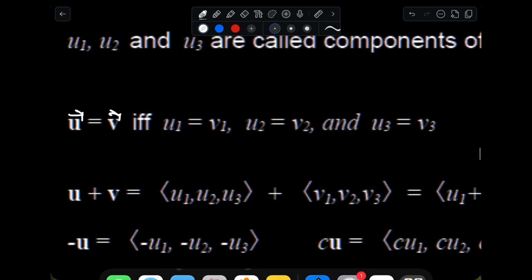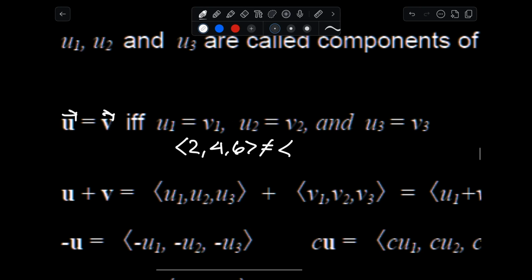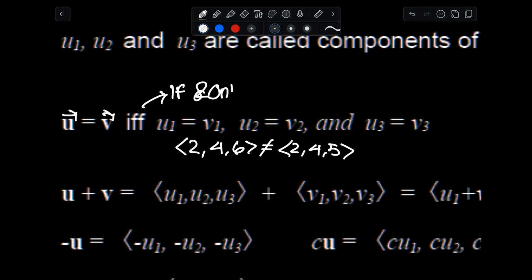So, for example, this is not equal to this vector. Why does that mean, you might ask? Because according to this definition, the vector u equals vector v if and only if, I'll write that out, u1 equals v1, u2 equals v2, and u3 equals v3.